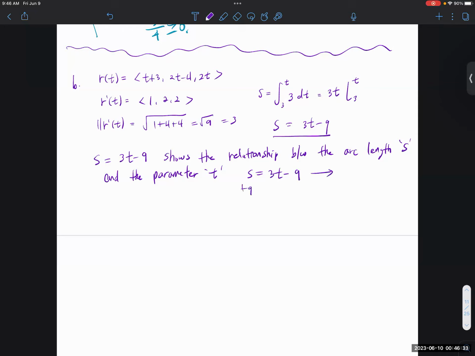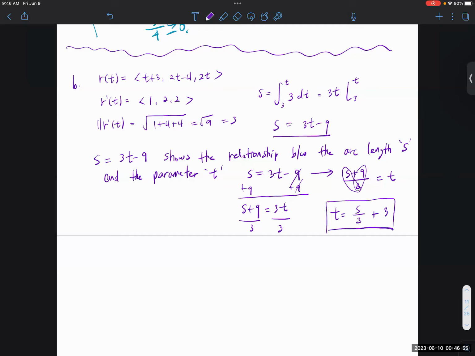So s equals 3t minus 9. Adding 9 to both sides, s plus 9 equals 3t, and we divide by 3. So (s plus 9) over 3 equals t. In other words, t equals s over 3 plus 9 over 3, which is 3. So this is the t equation.